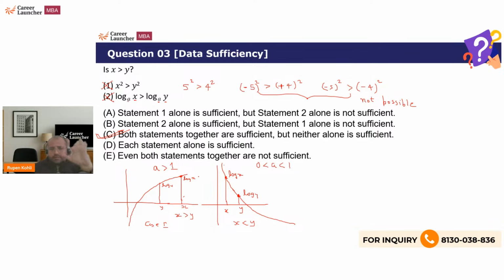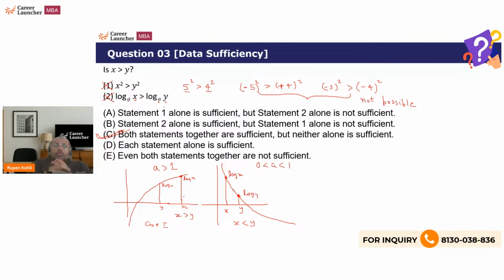Let me complete this thought process. So we have analyzed negative numbers, right? Now when the numbers are positive, x square needs to be more than y square, so this kind of possibility is there, right? And log x needs to be more than log y to the common base a, right?